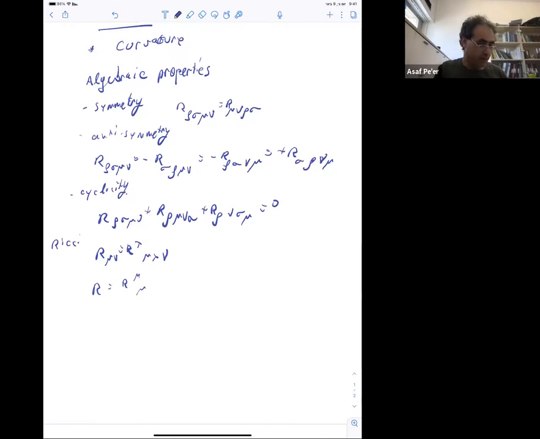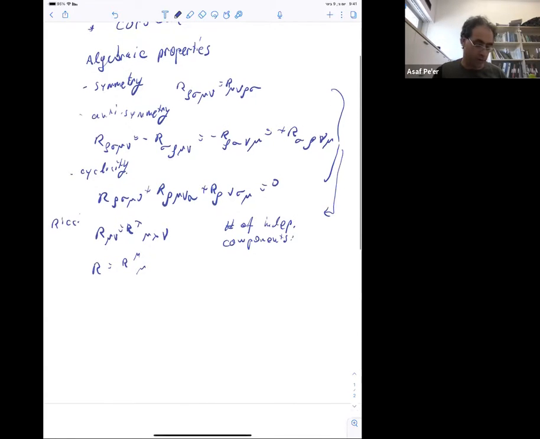And we specified that in n dimensions, all these properties mean that the number of independent components is 1/12 n squared times (n squared minus 1). So in 4-dimensional space, we end up with 20 independent components of the Riemann tensor. In 2 dimensions, it's only 1. In 1 dimension, there are no independent components, 0.